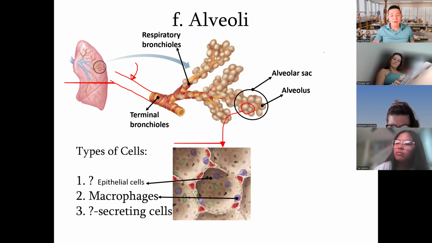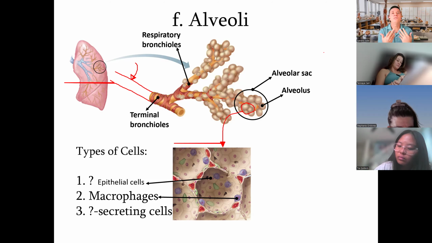So we need to have layers of protection. One of those layers of protection is having a mucous membrane that produces mucus in our nasal cavity and inside of our trachea. The mucus will help to trap pathogens, pollutants, fibers that are coming inside of our lungs. Then we have the cilia inside of the trachea.